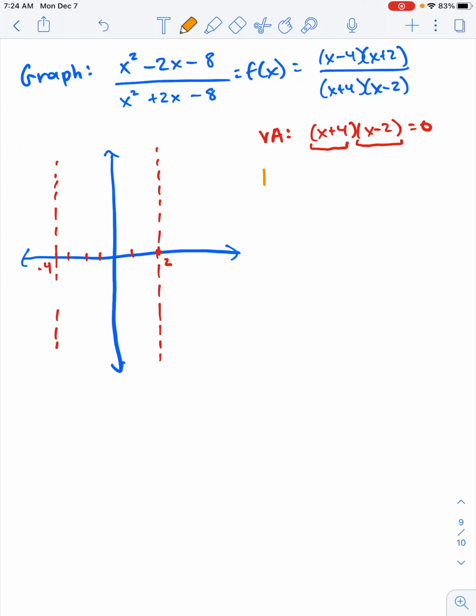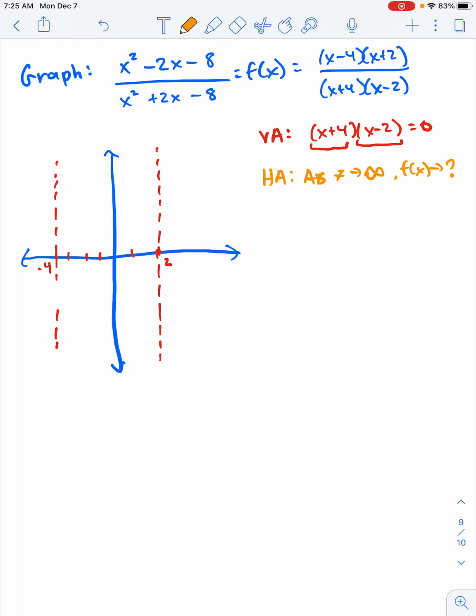Next, I want to look at my horizontal asymptotes. So remember, a horizontal asymptote is what f of x, or y, is approaching when x gets really, really large or really, really negative. So as x approaches infinity, what does f of x approach?